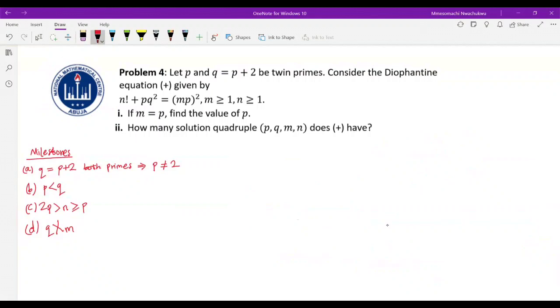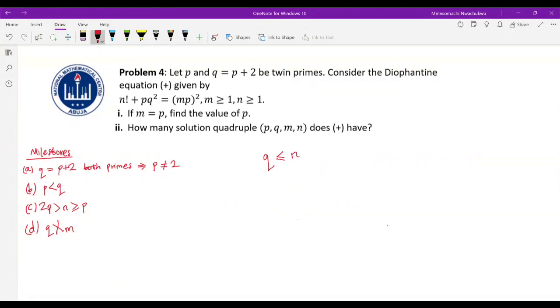Now I want to see how big n is in terms of q. So suppose n is bigger than or equal to q, or if you prefer, suppose q is less than or equal to n, which is the same thing.